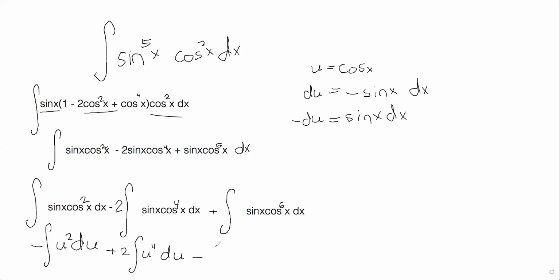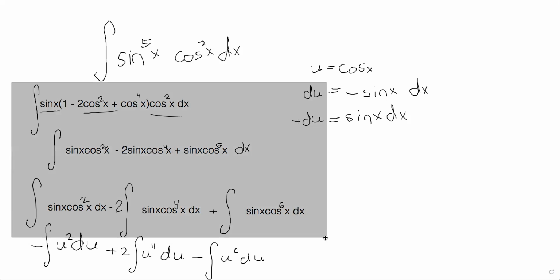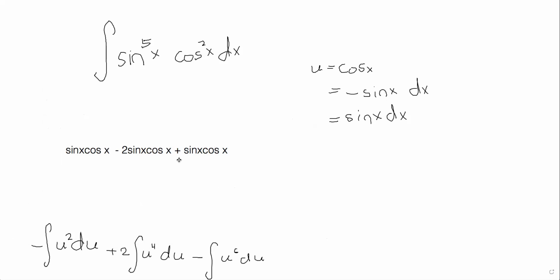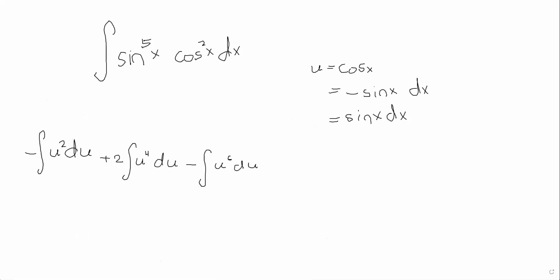It's going to turn into a minus integral of u to the 6th power times du. And then from there, we can apply the integration power rule for all three of our terms. So this is going to be negative u to the 3rd power over 3.